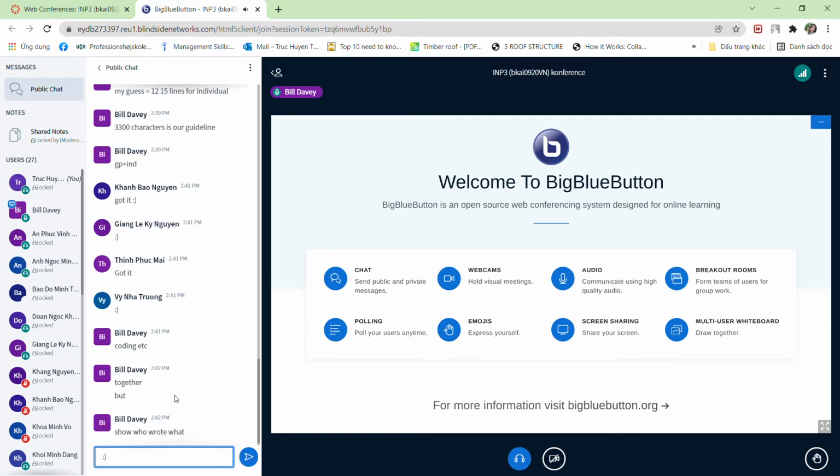Then at the beginning of my paragraph, I would do something like this, and then I would have a heading like that, so that the person marking knows that Bill wrote the paragraph about the coding process.